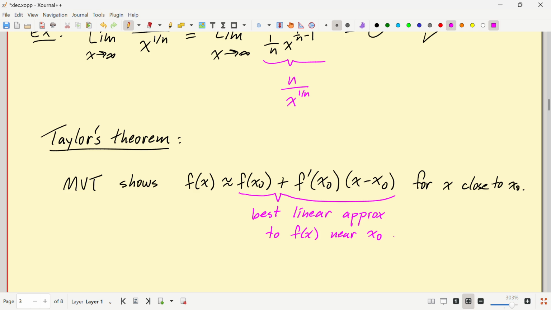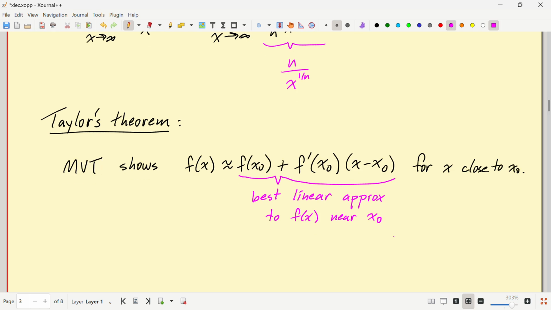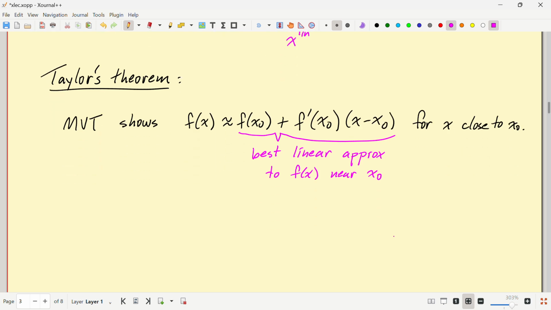And you can even get, let me show you something. Excuse me. The mean value theorem shows that (f(x) minus f(x naught)) over (x minus x naught) is equal to f prime of c by the mean value theorem.